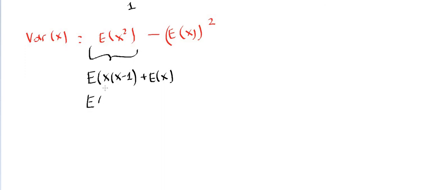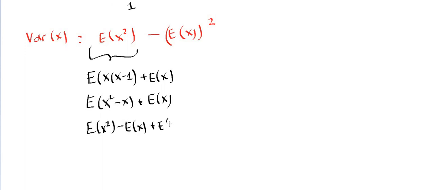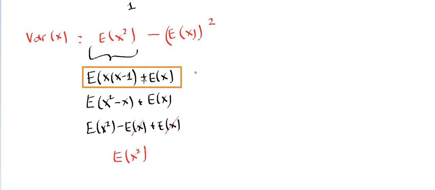If you distribute x inside, x times x is x squared, x times negative 1 is negative x, plus we have expectation of x. We know that expectation is linear, so we can separate it: expectation of x squared minus expectation of x plus expectation of x, and they cancel, so we see that this expression is equal to this expression. So we're going to use this expression minus the quantity expectation of x, squared, for the variance.